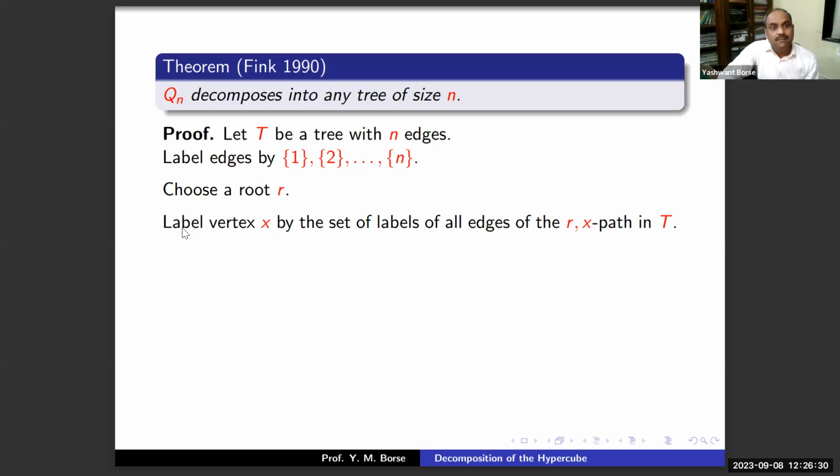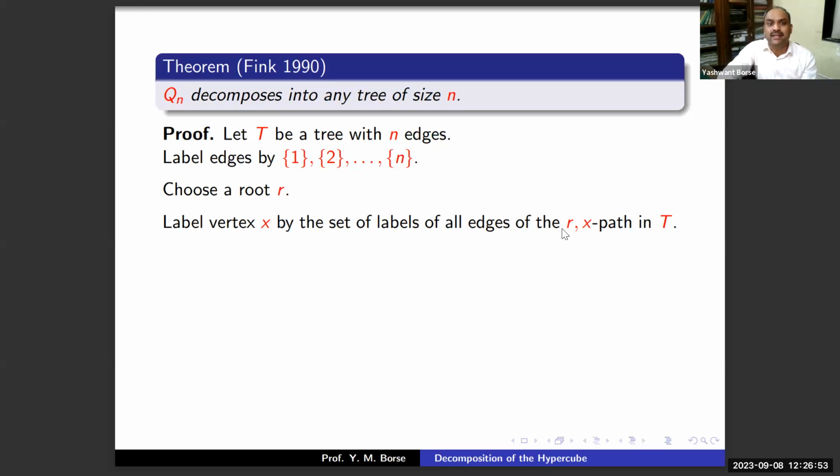Now for any vertex X in T other than R, there is a unique R-X path. Look at the labels of all edges on this unique R-X path.